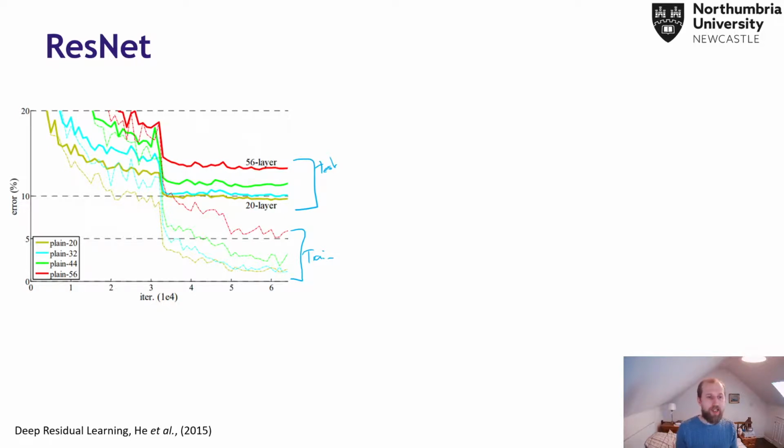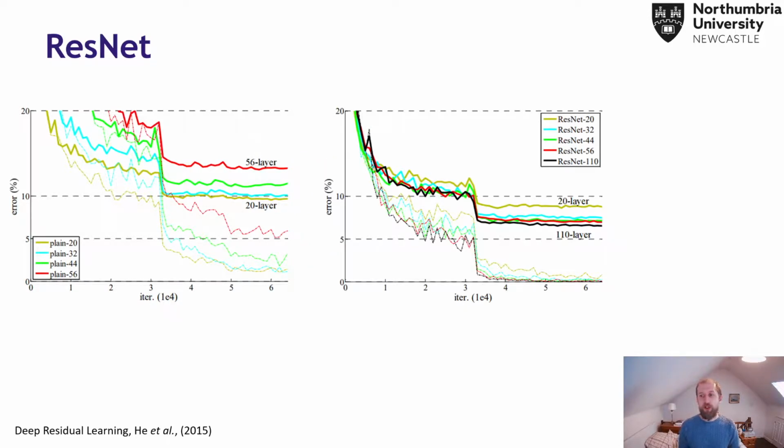With the plain CNNs, when you're not using these skip connections, you get worse and worse results both on test and on training. However, the opposite is true when you use residuals or when you use skip connections. So now they have this ResNet 20, 32, 44, 56, and even 110.